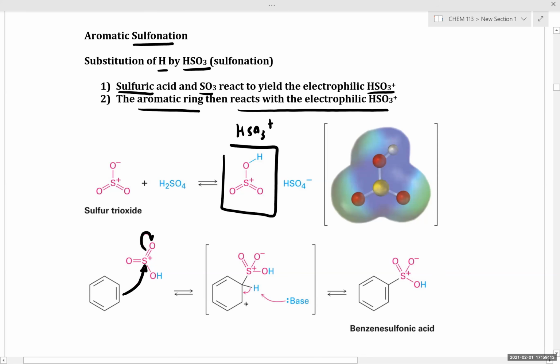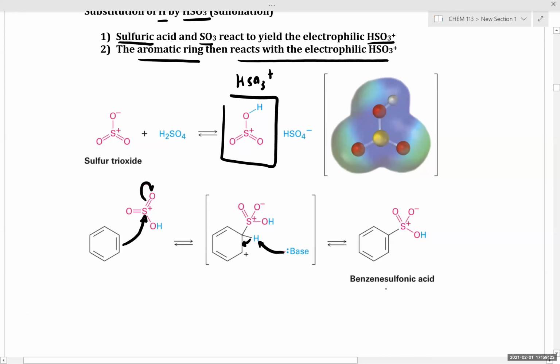And then once we've generated our carbocation, an equivalent of base is going to pull off our proton, and we're going to regenerate our aromatic ring. So this is a great way of generating sulfonic acids and installing a sulfonic acid group onto our aromatic ring.